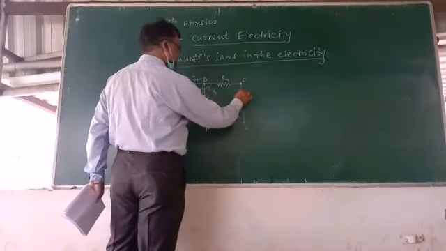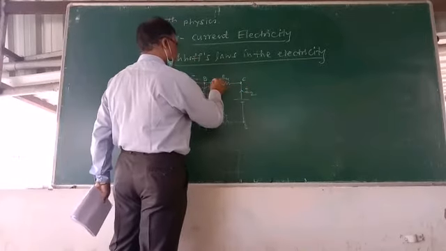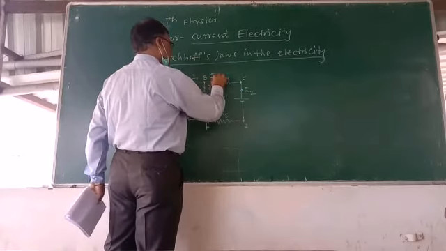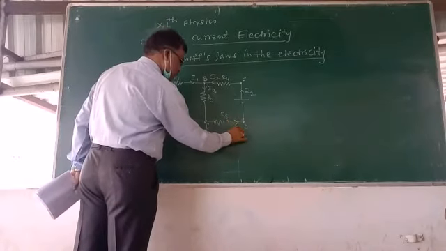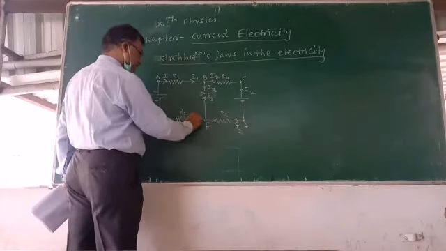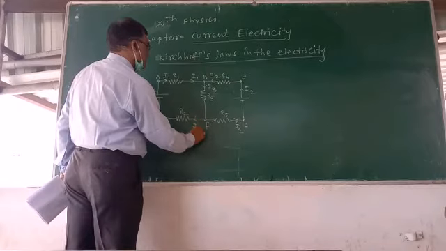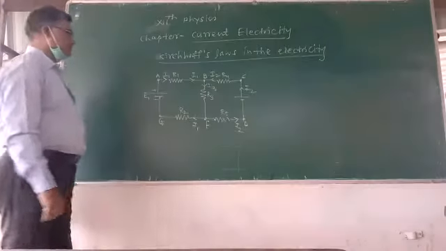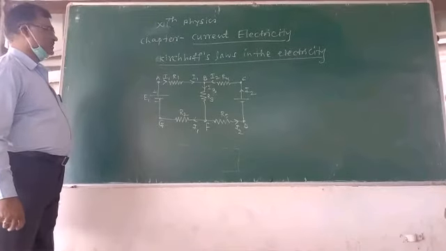And this is the second cell, with current I2. This is also I2, and this I2 current flows here also to the negative terminal. And I1 current flows through the resistor R2.